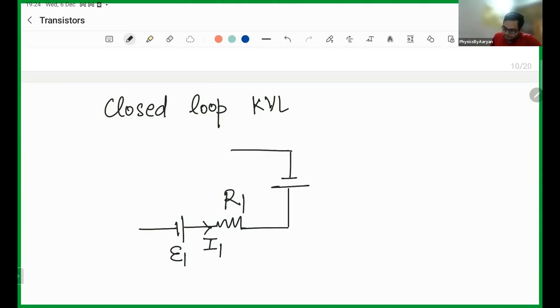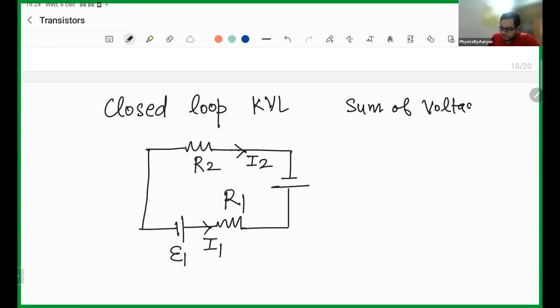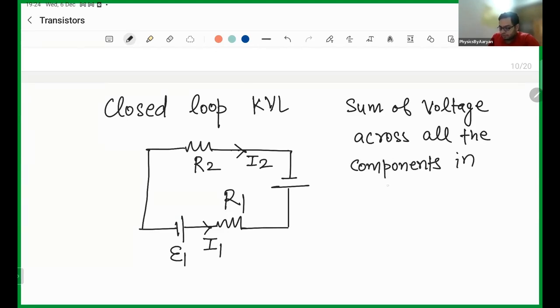Then you have another resistor, which is R2, and let's say the current in R2 is in this direction, I2. Then you come back to your original position. Kirchhoff voltage law says that the sum of voltage across all the components in the loop is 0.